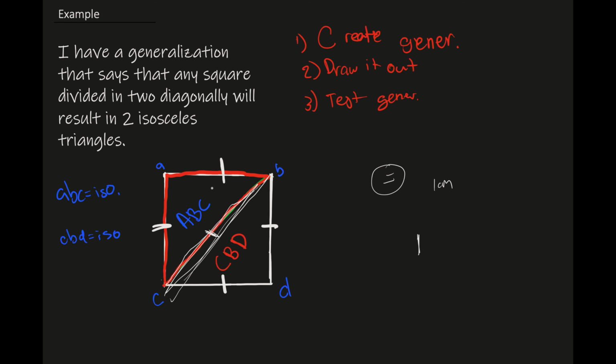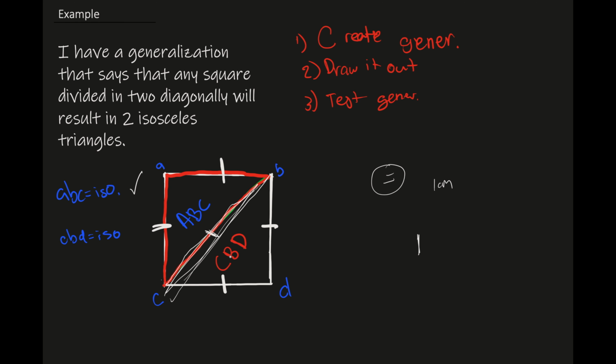You want to look at it diagonally, and when you do, you'll notice that this one is not equal. It is less than. These two combined would be more, but this one is way more than this AC line. So ABC is isosceles. That theory is correct.